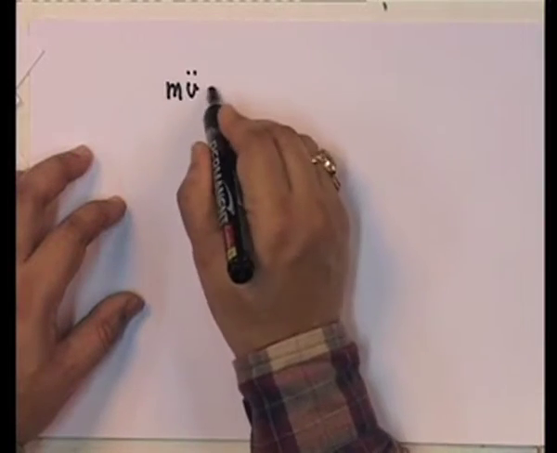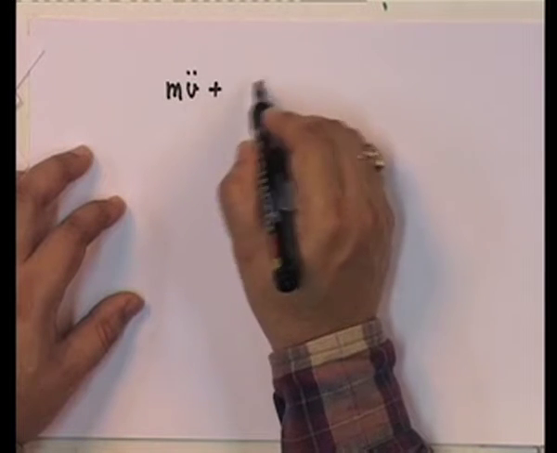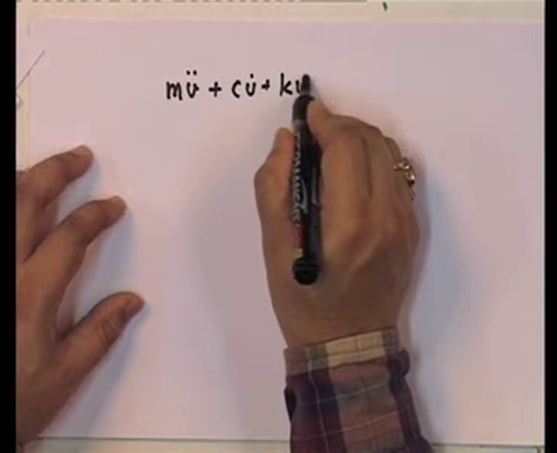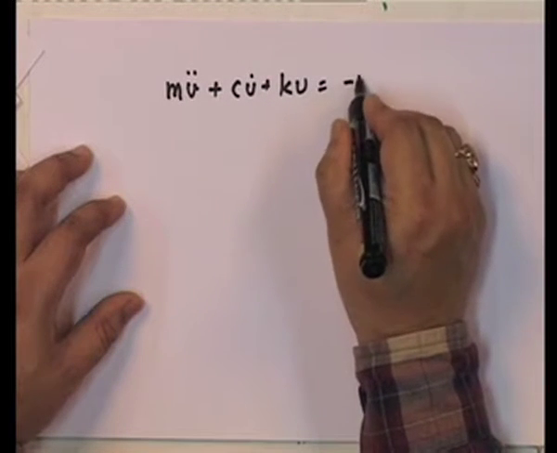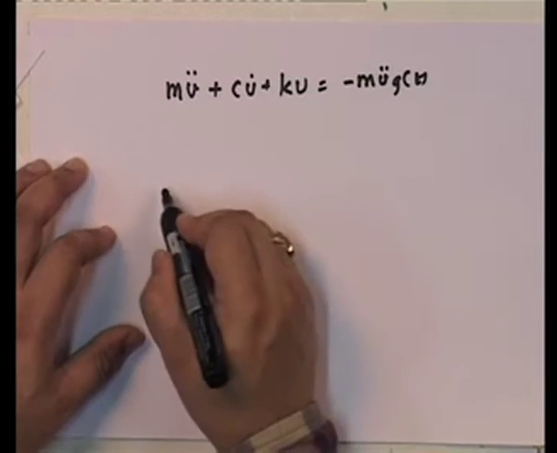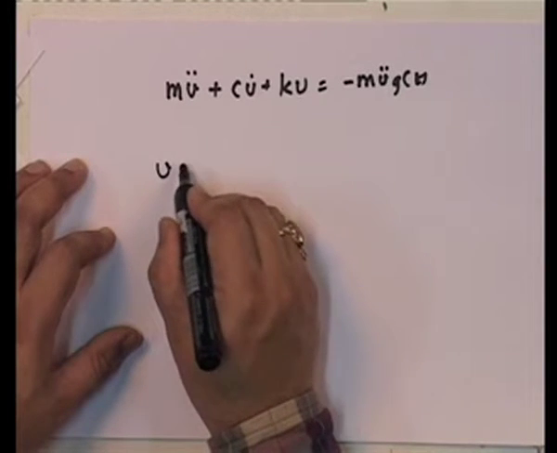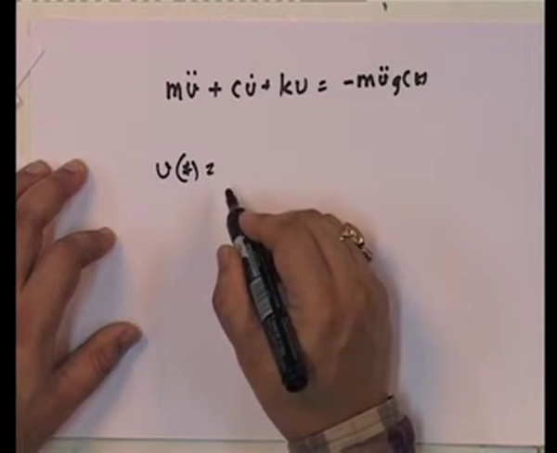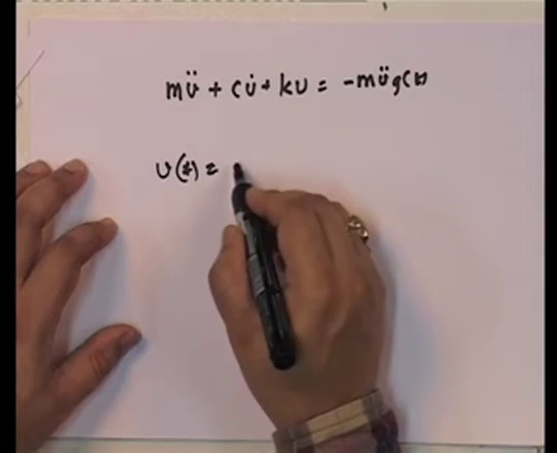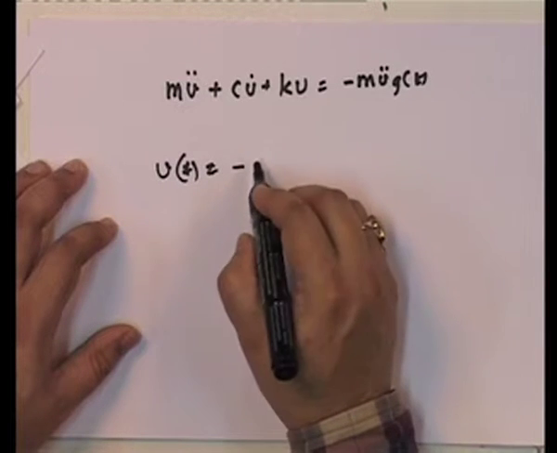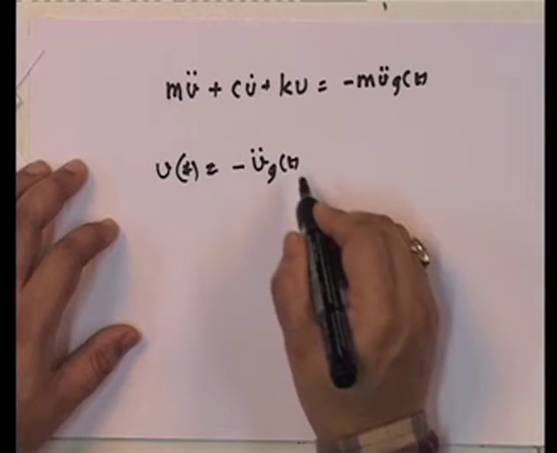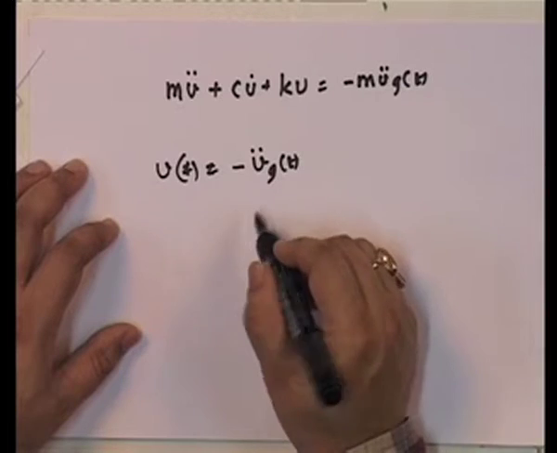We have seen that this plus, well, I can put now my C star, this one is minus m v g double dot, and what we got was that v of t was equal to, in this particular case, minus v g double dot.